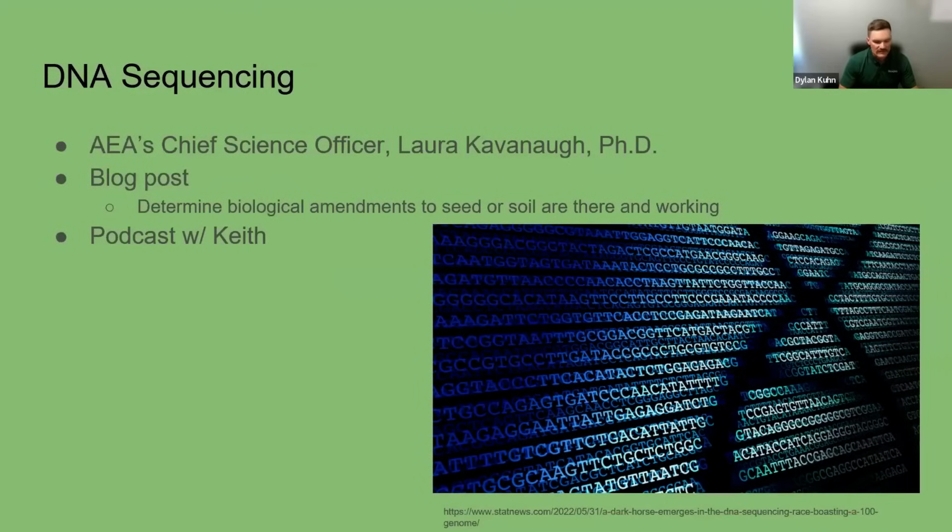As we transition from regular soil tests and at-home testing to a more in-depth look at your soil, we go to DNA sequencing. This is really looking at the individual species in there and identifying their jobs and what they're doing.